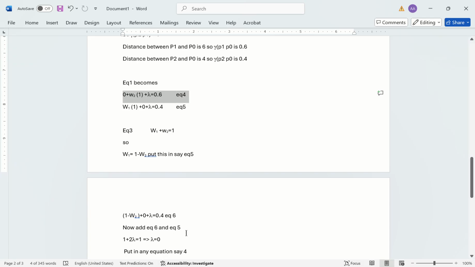this equation, which is equation number 4. Okay, what will we get? We will get W2 and minus W2 will get cancelled.